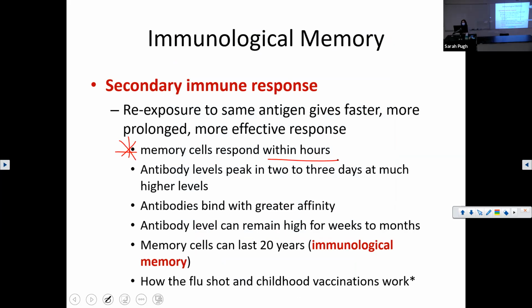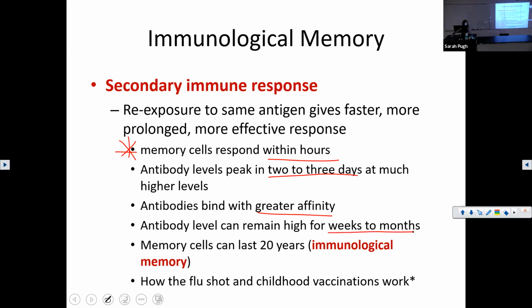Antibody levels will peak in 2 or 3 days, and they peak at much higher levels than they did during the primary response. The antibodies that are created from memory cells bind with greater affinity. And antibody levels during the secondary response will stay high for weeks to months.